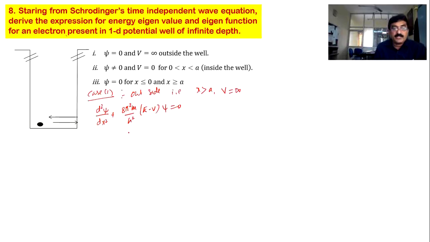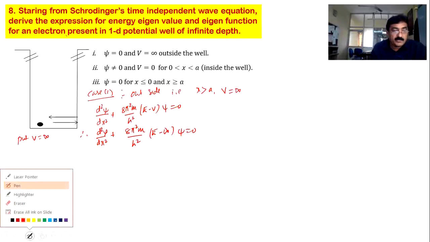This is our Schrodinger wave equation. Now I substitute for V, put V equals infinity. Therefore d square psi by dx square plus 8 pi square m divided by h square (E minus infinity) into psi equal to 0. Now think of the possible solution.